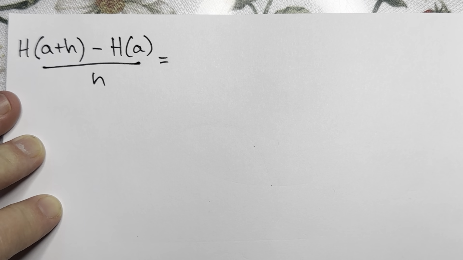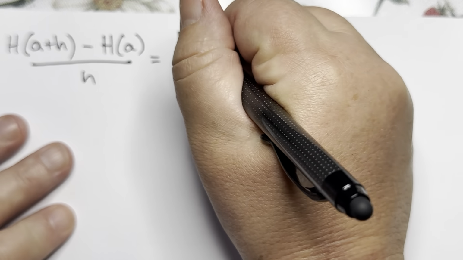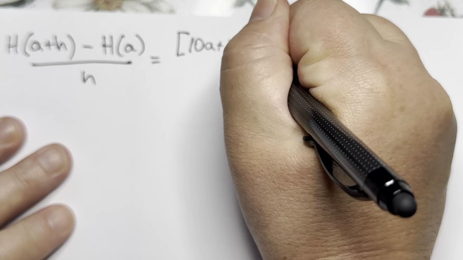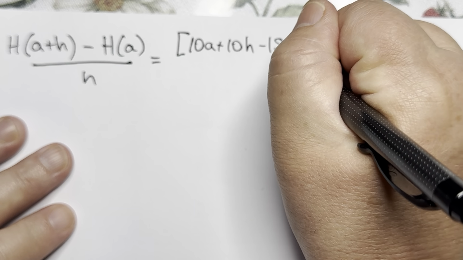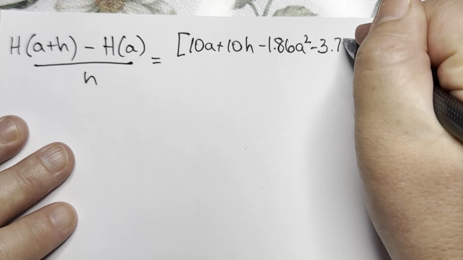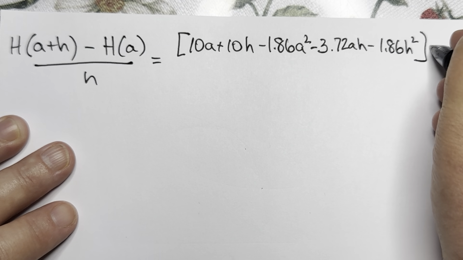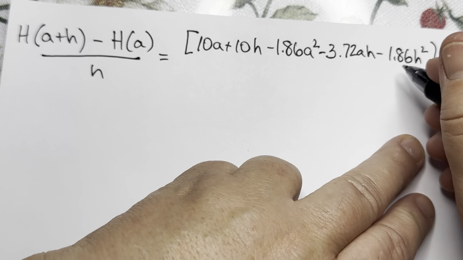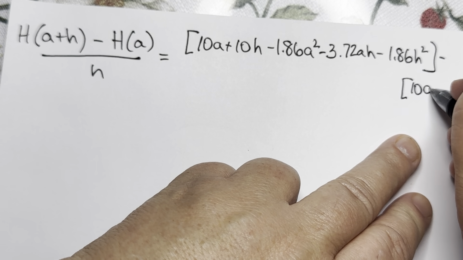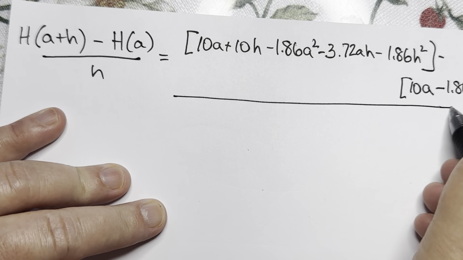And again, as I mentioned in class, sometimes people turn their paper sideways to give themselves more room. I'm going to do this just as it is because I'm feeling it today. Okay, I've got 10a plus 10h minus 1.86a squared minus 3.72ah minus 1.86h squared minus 10a minus 1.86a squared, and this is all over h.